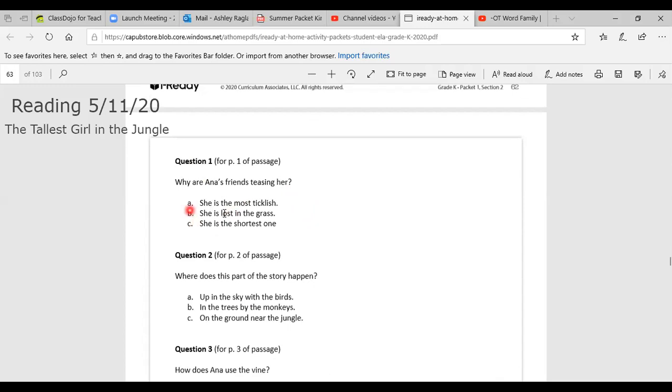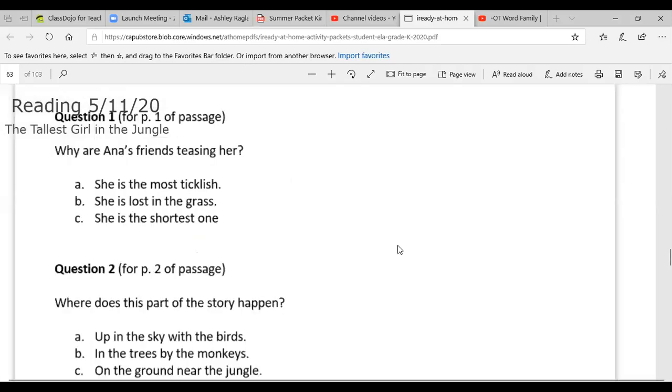A, she is the most ticklish. B, she is lost in the grass. Or C, she is the shortest one. I'm going to let you put whichever answer you think is correct.